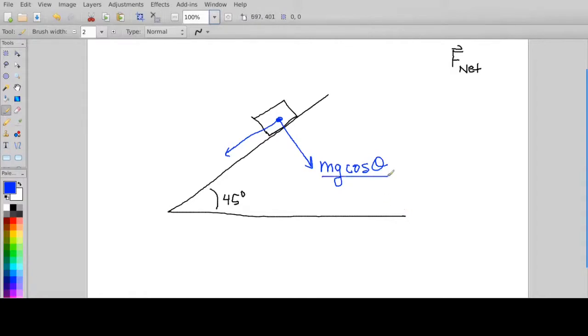And this one, the perpendicular component, turns out to be mg cosine theta, all right? And the other one is mg sine theta, all right? Now, rather than going through that geometry over and over again in your head, rethinking it each time, it's probably best just to memorize that the perpendicular component is cosine, and then of course the other one has to be the sine. Okay, so the parallel component is the sine.